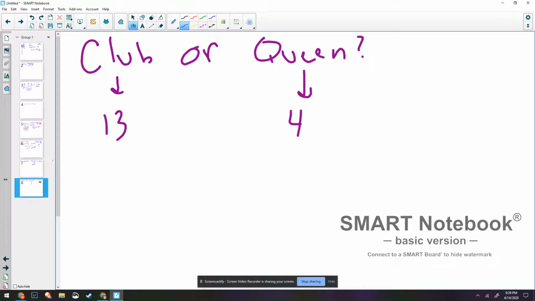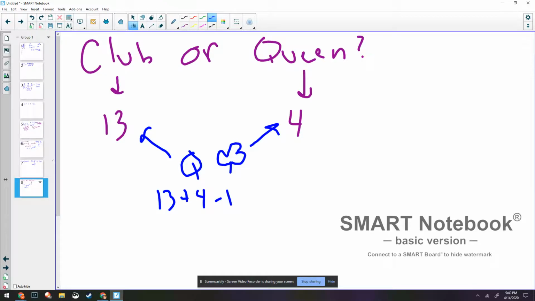Now to get the probability of pulling a club or a queen, I cannot just add 13 and 4 and say that that's the number of ways divided by 52, because the queen of clubs would be counted twice. It's in here and it's in here. That's the only place that they overlap. So to figure out the sample space, you would have to do 13 plus 4 minus 1. 13 plus 4 is 17, minus 1.